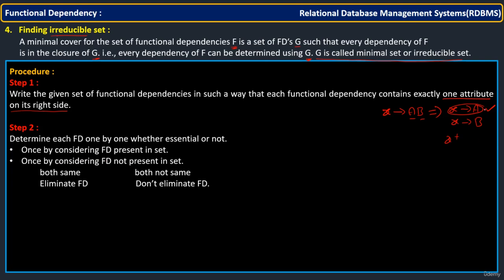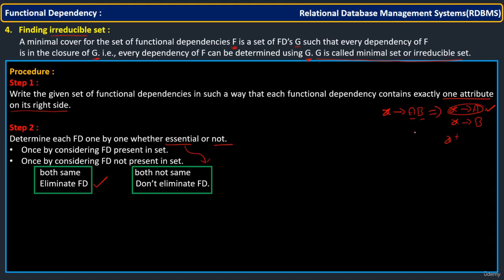Without considering this FD, by having it in the set of FDs and by not having it in the set of FDs, if both give the same result, then eliminate this FD. X to A we are going to eliminate from the set. If both are not the same, this is essential. So it becomes essential when the two results are not the same.